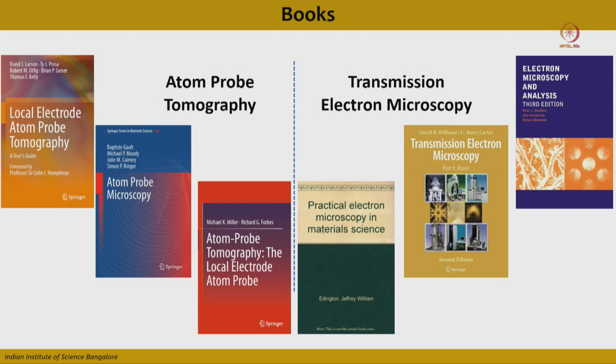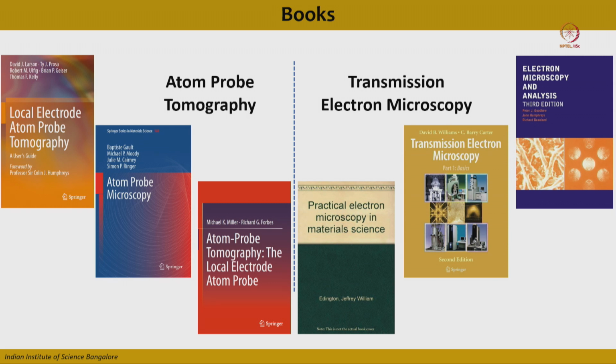There is another very useful book related to the concepts of field evaporation and field ionization, written by Baptiste Gault, called Atom Probe Microscopy. And the third book is Atom Probe Tomography, the Local Electrode Atom Probe, which is more on the construction of LEAP, an advanced version of atom probe tomography, and some of the basics.